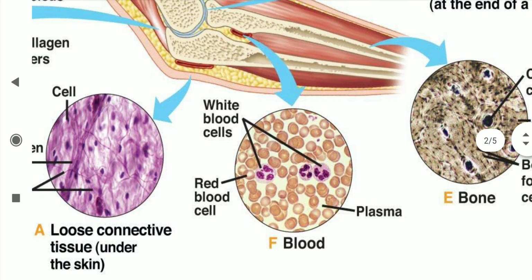After this is blood. You have learnt about blood, that it contains plasma, a liquid matrix, and in the liquid matrix these cells are embedded: WBC, RBC and platelets.